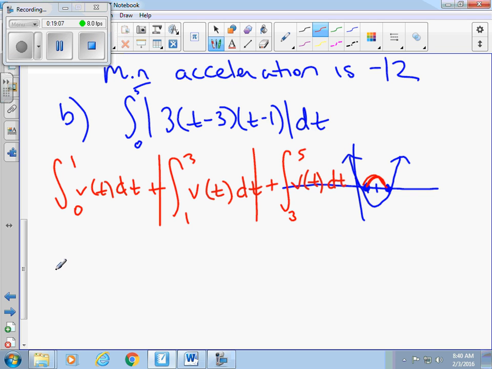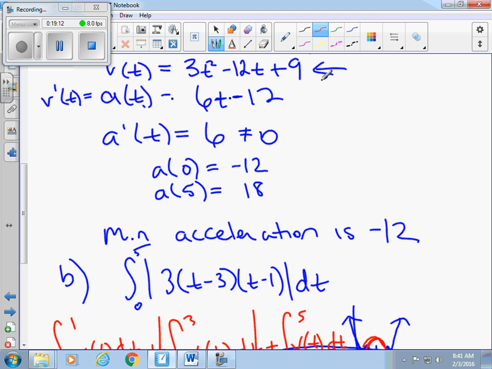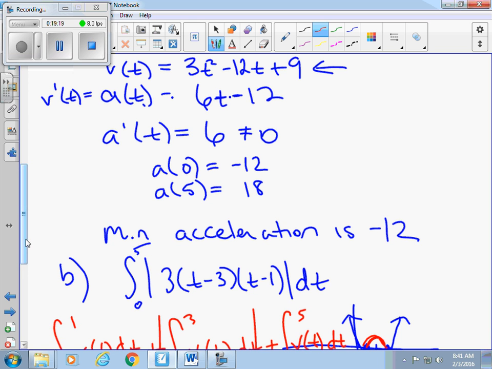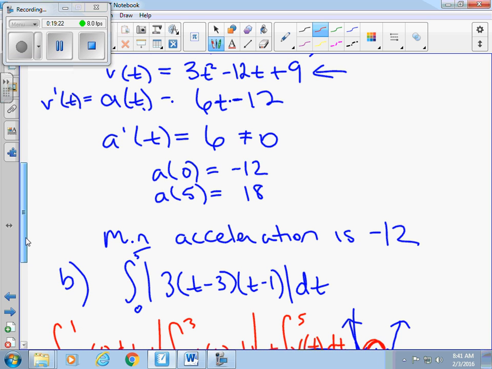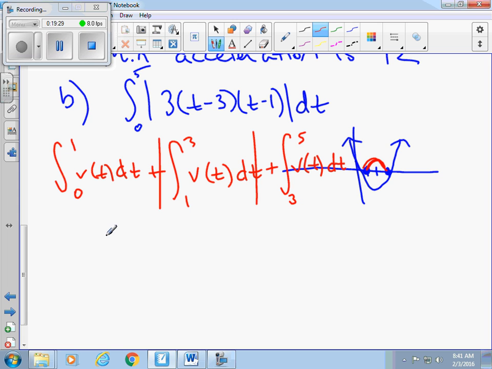The integral of v of t, I am going to go back to the distributed form of v of t just because it's easy to integrate. What is the antiderivative of that? t cubed minus 6t squared plus 9t, from 0 to 1.